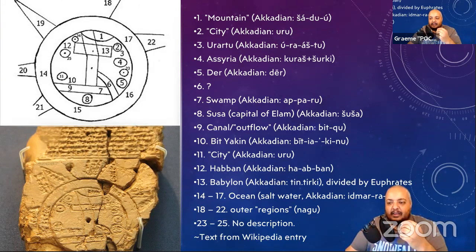Otherwise, I usually save annotations on maps for when that map's been around the block a few times, and people have written on it, people have added their comments, all that sort of stuff.